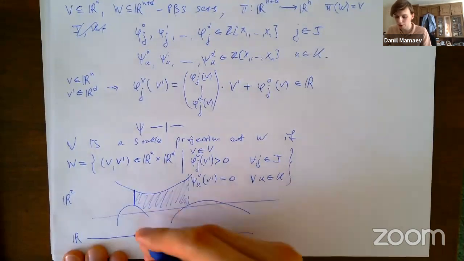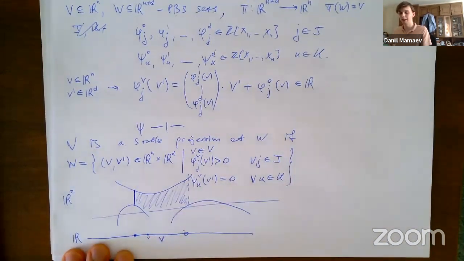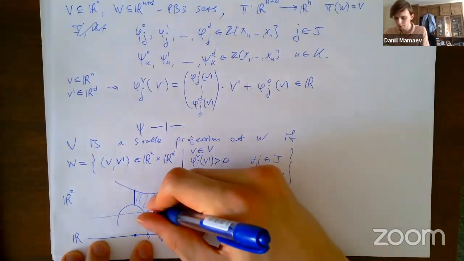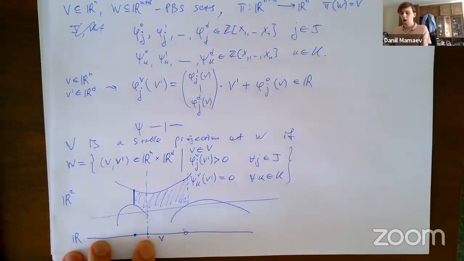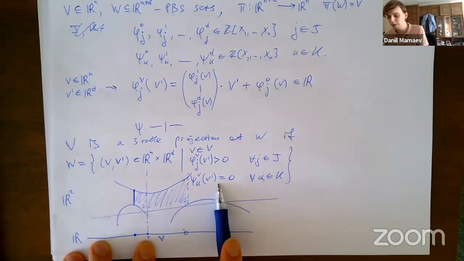So in each fiber over any point V, first, your V prime should lie in some affine subspace.